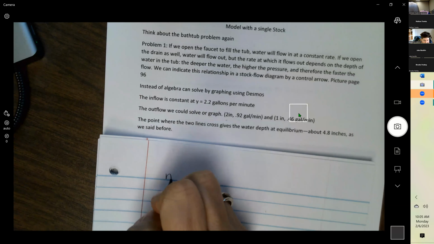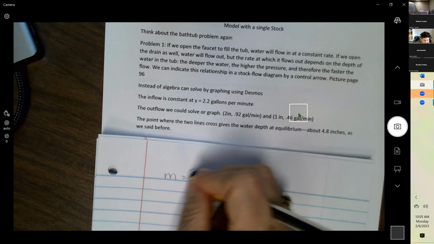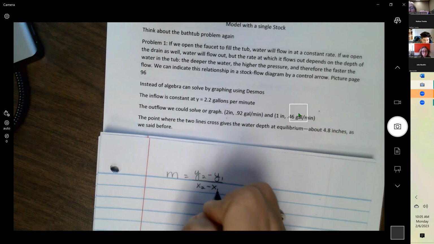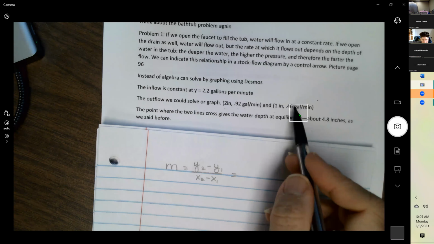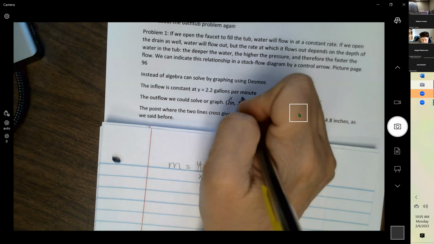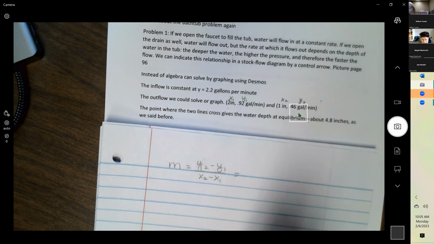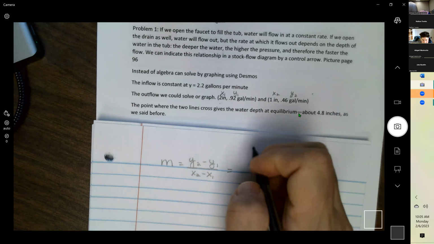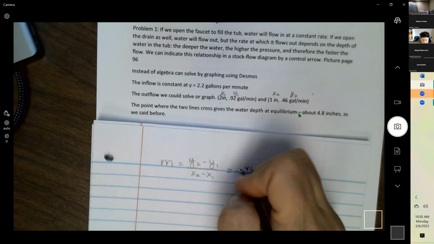We would first find our slope. What that means is this is your X and this is your Y. And you just subtract them. So 0.46 minus 0.92, 1 minus 2.